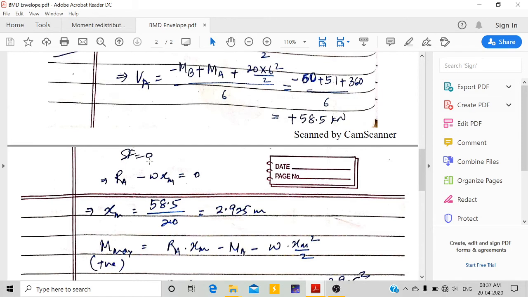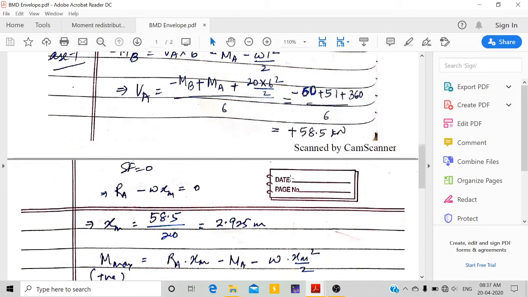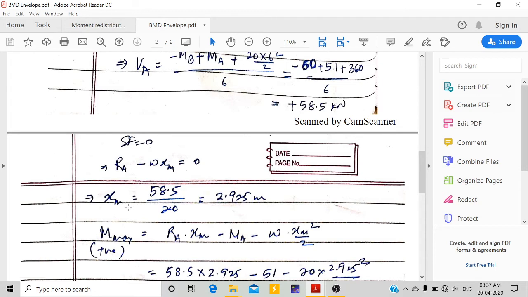Now we are going to calculate the contraflexion points. Because the shear VA is calculated as 58.5, XM is where the shear force is equal to 0, which is where we get the maximum bending moment.